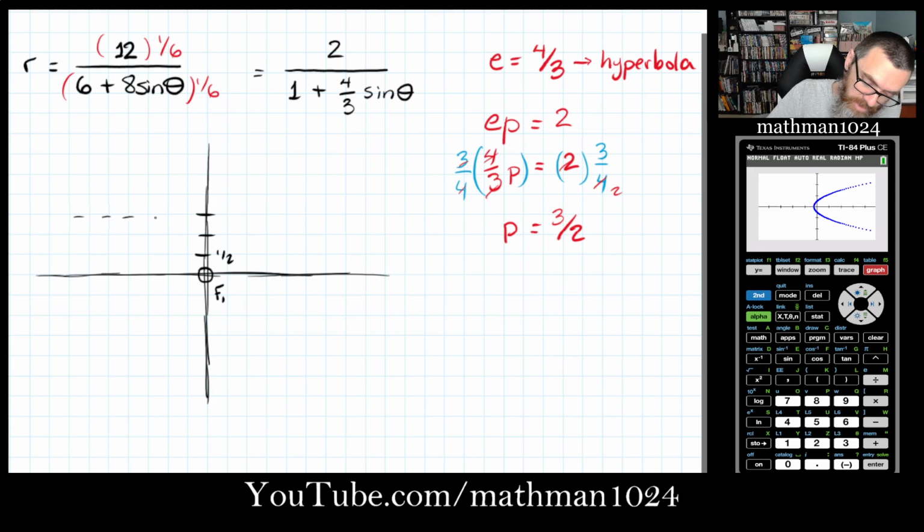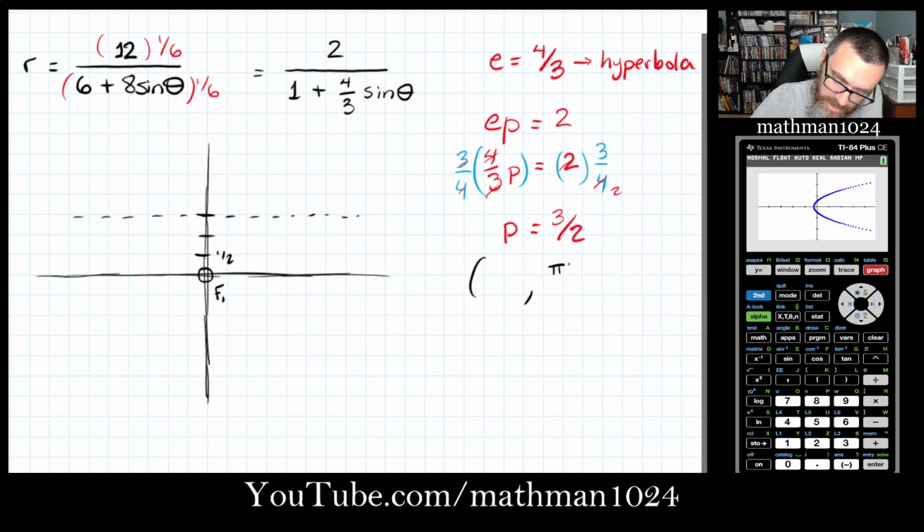So we'll get that going. Oh, now what? Well, this is where you start plugging in values, especially pi over 2 and 3 pi over 2 for sine, and that will give us those values for our vertices. At least it should, right? So let's check that out.